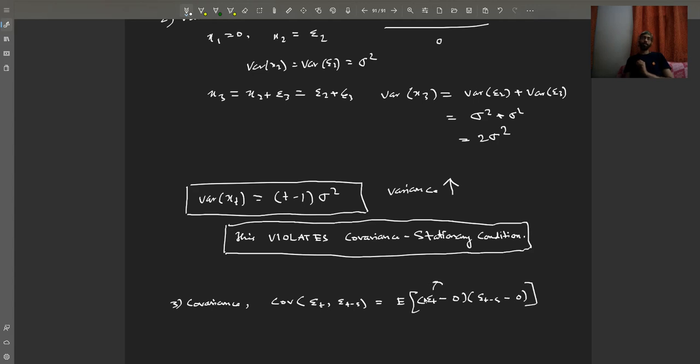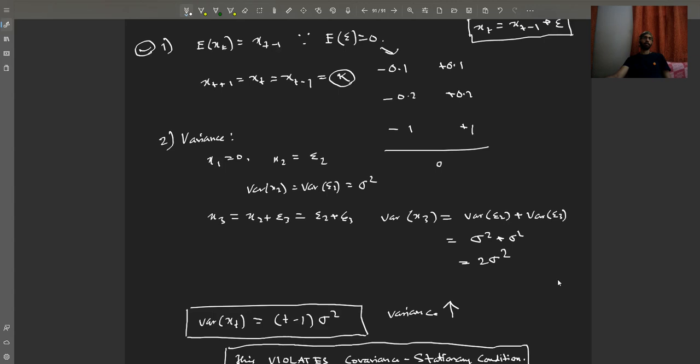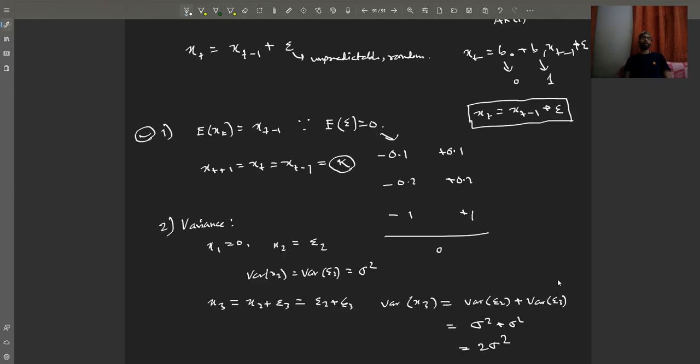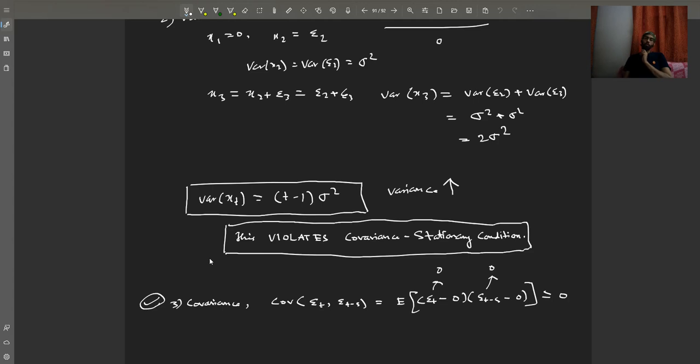Now the expected value of error t and expected value of error t minus s both are equal to 0. Therefore, the covariance also becomes equal to 0. So these two conditions, covariance and expected value of xt, are sort of fulfilled. But because one of the three conditions of being covariance stationary is being violated, the model is not following the covariance stationary rule. So how can we mitigate this problem, friends?